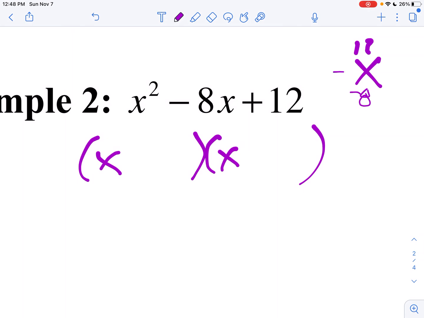So negative 6 and negative 2 multiplies to 12 and adds to negative 8. So I'll say x minus 6 and x minus 2. You can check that because I'm going to get x squared, negative 2 minus 6 is negative 8x, and then negative 6 times negative 2 is positive 12.